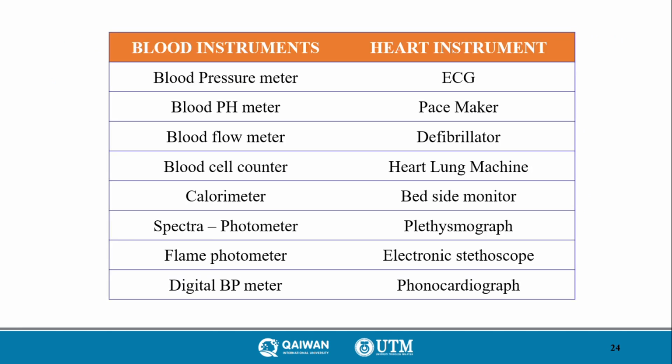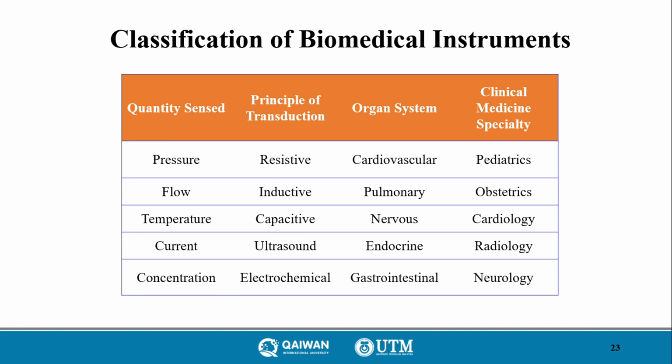Classification of biomedical instruments. The biomedical instruments fall in four categories. First, according to the quantity they sense: pressure, flow, temperature, current, concentration.